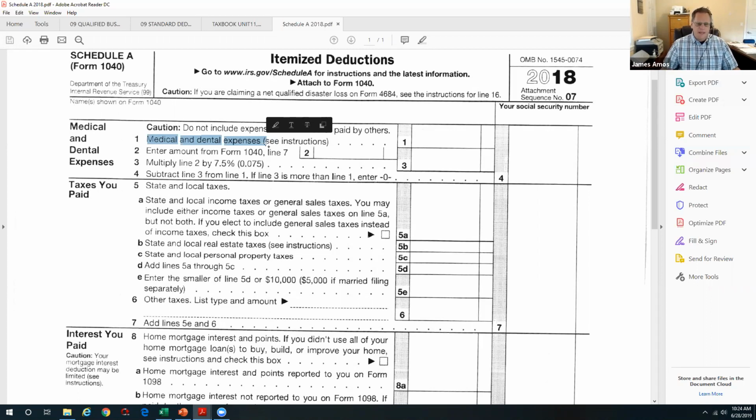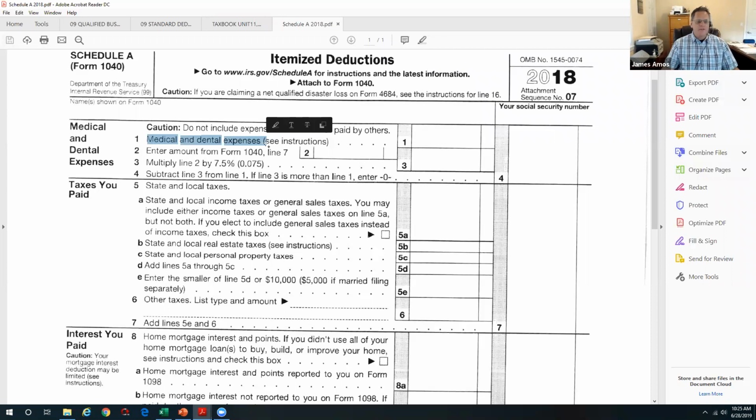If I incurred an expense in 2017 but did not pay it till 2018, which year do I put it on my tax return? And I'm talking medical expense. 2018. 2018 is always the year that you pay it, not the year that you incur it.